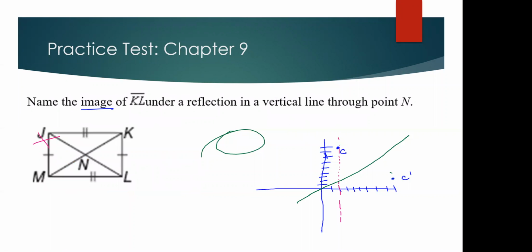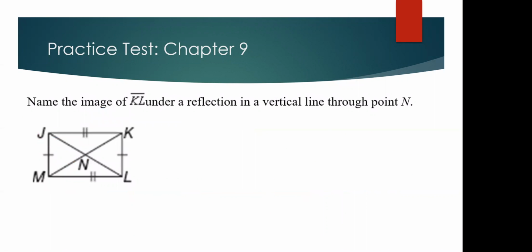All right, next problem says name the image of side KL under a reflection in a vertical line through point N. Here's point N. If we put a vertical line straight through that point, we want a reflection of KL.